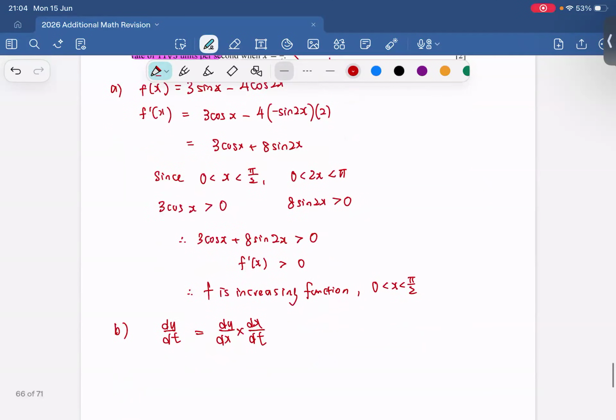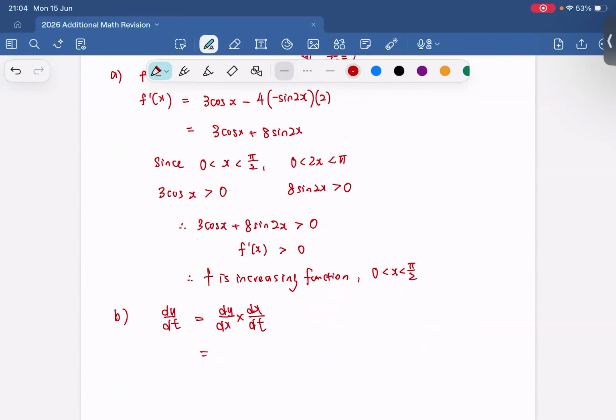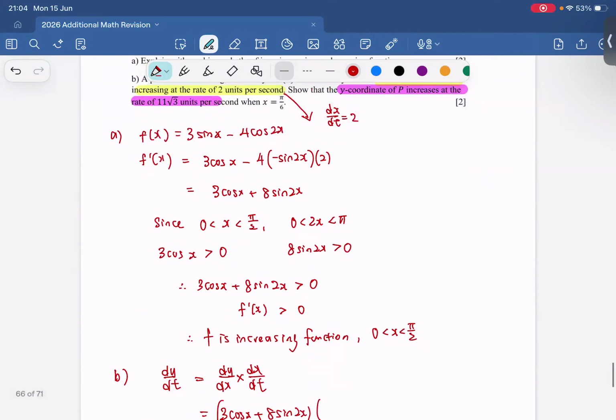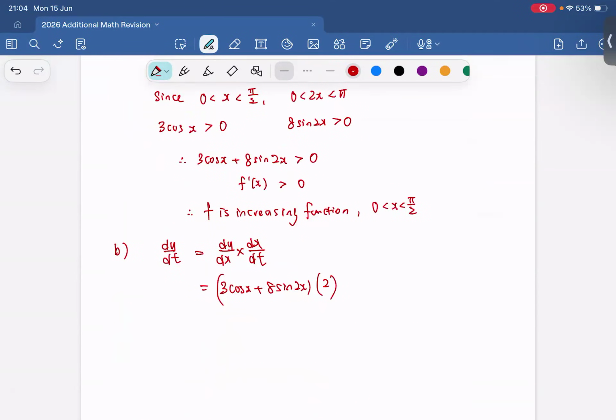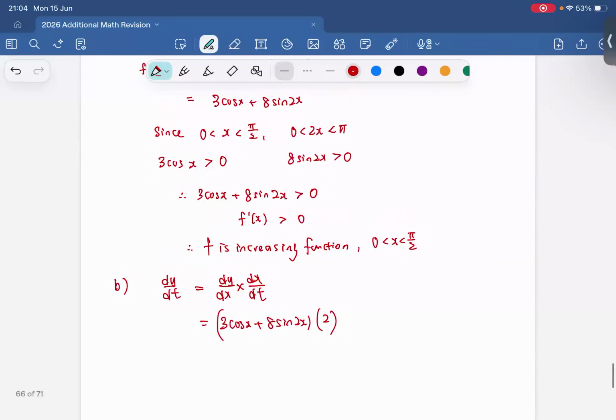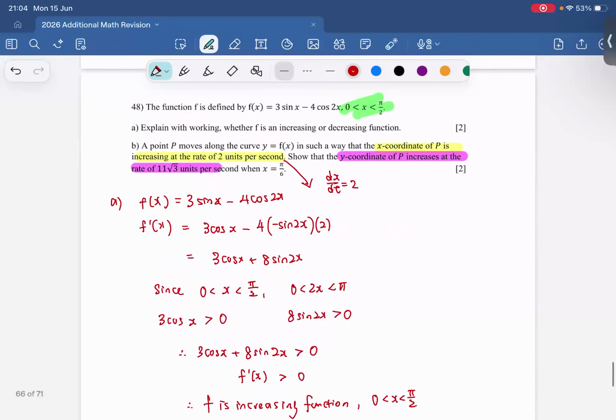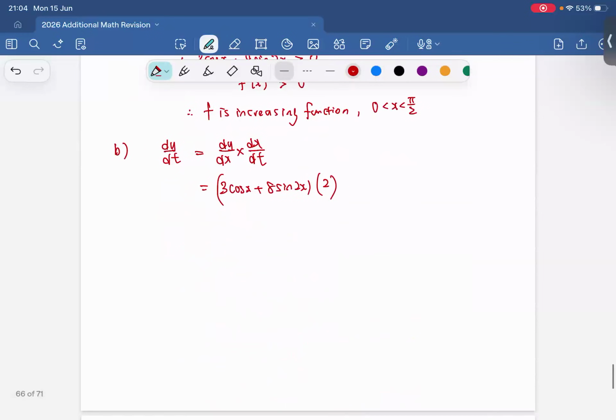So what is dy dx? It is 3 cosine x plus 8 sine 2x. What is my dx dt? dx dt is 2. So this is my dy dt. They say when x is pi over 6. Substituting the value is the last thing you will do. So 3 cosine pi over 6 is just square root 3 over 2.